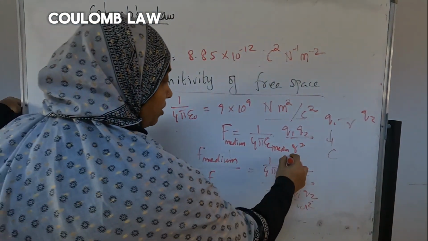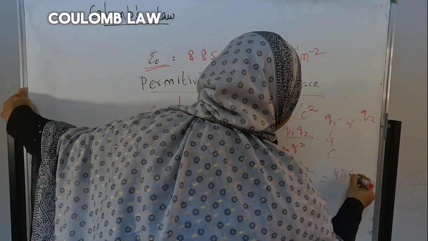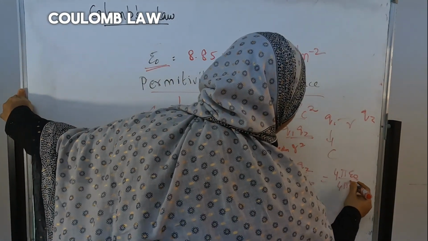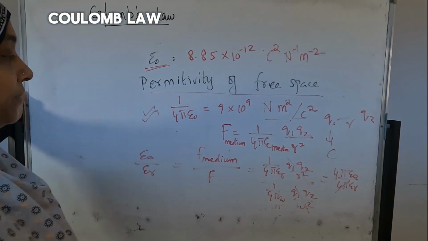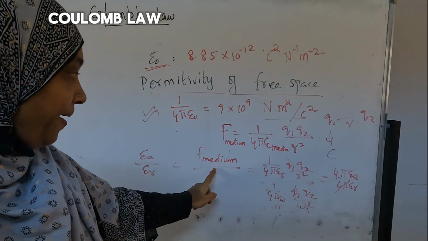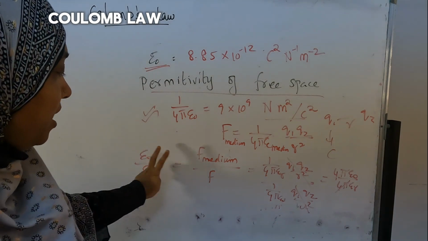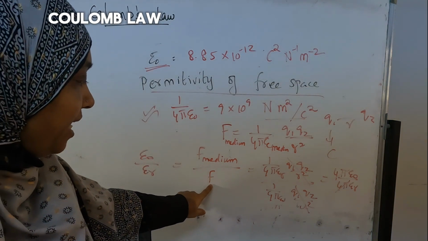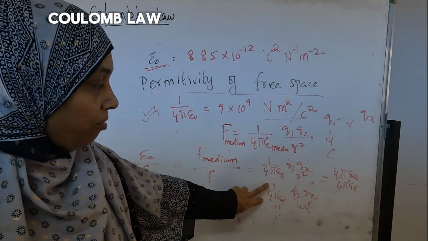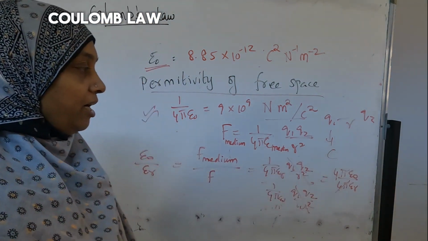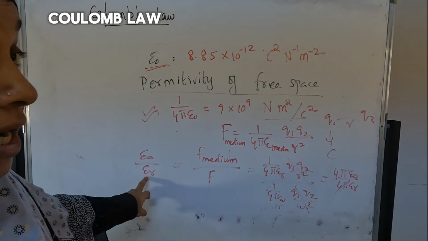Remaining everything is the same. The denominator will come as reciprocal, so 4 pi cancels and it will come as epsilon naught by epsilon R. So force in the medium by force in air is equal to epsilon naught by epsilon R. Reciprocal means the opposite will come: air goes up, medium goes down.